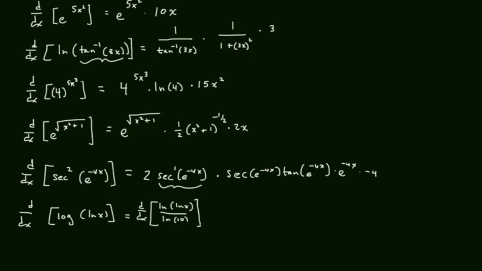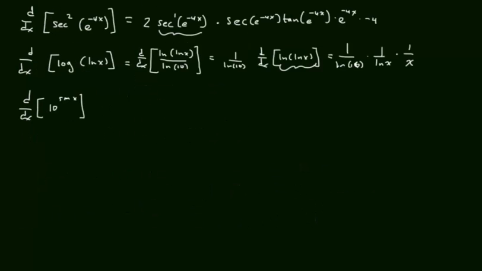There we go. I've changed the base to base e. So I'm going to factor out this 1 over natural log 10. Then I'm going to take the derivative with respect to x of natural log of natural log of x. Tongue twister. 1 over natural log 10 times 1 over natural log of stuff times the derivative of that stuff, which is 1 over x. Kind of a fun, tricky one.